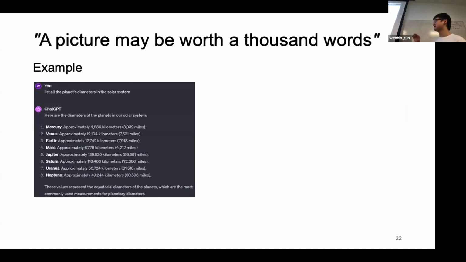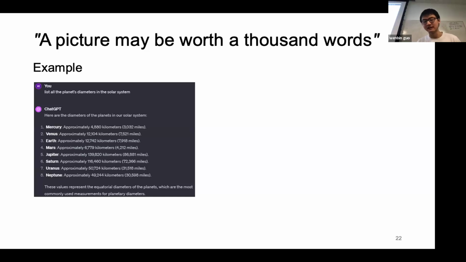So basically it did a great job, right? It listed the diameters in a very organized way. So I can see them one by one. I can maybe spend 0.5 seconds trying to identify which one is the largest one, which one is the smallest one.